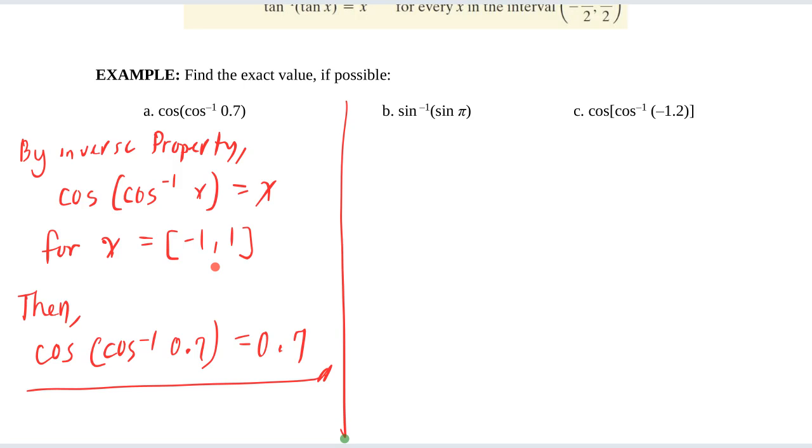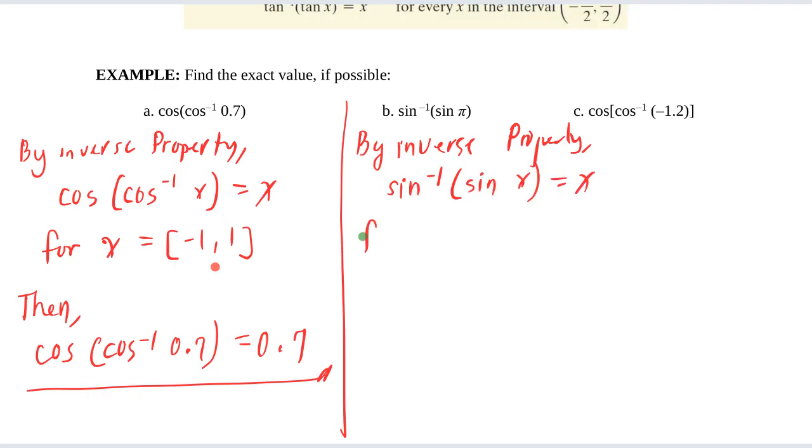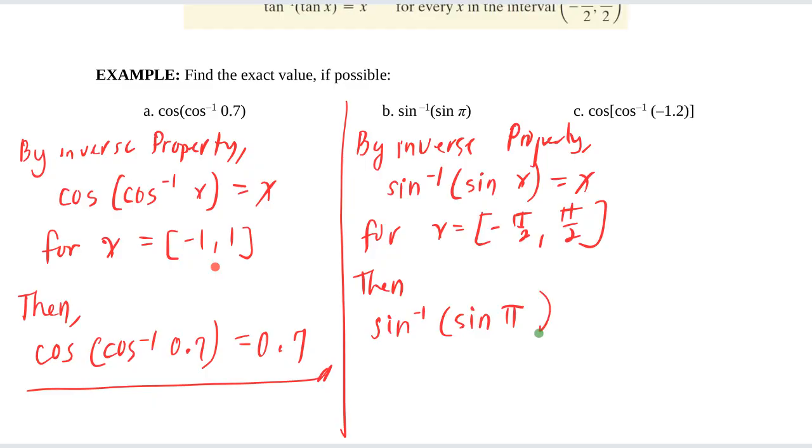Also, I can still see some inverse property here. By the inverse property, what I can apply here is the inverse sine of sine x, which is equal to x when the value for x is from negative pi over 2 to pi over 2. Now in this case, we have sine inverse of 0, which is equal to 0.